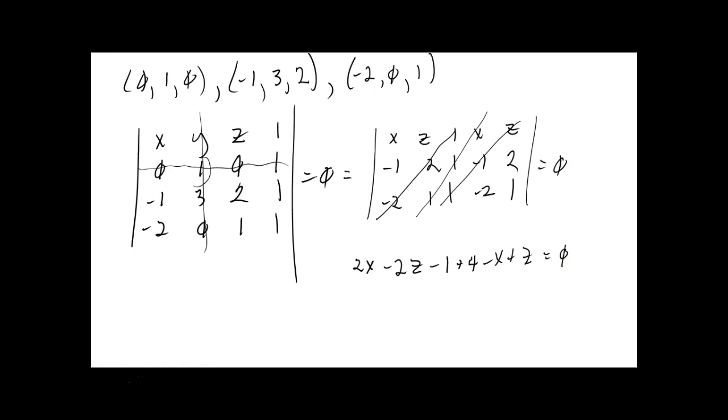So, let's see what we get here. X, because X minus 2X minus X, minus Z, plus 3 is equal to 0.